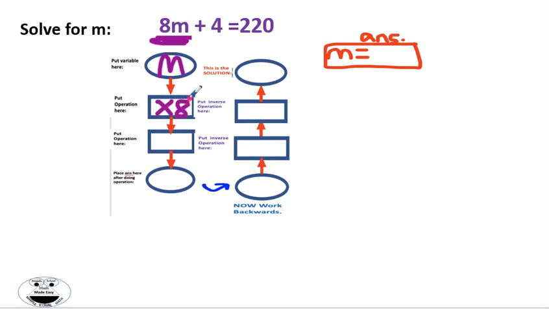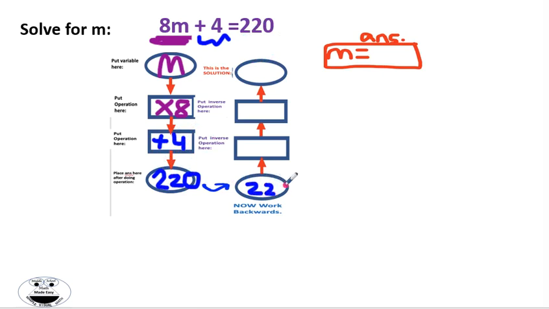And then next, what is happening to m after multiplying by 8 is we are adding 4. So it's important that you follow the proper order here. First, m is being multiplied by 8 because it says m times 8, and then plus 4. So we're just writing what we see here. And then the number that's by itself is 220, here and here.